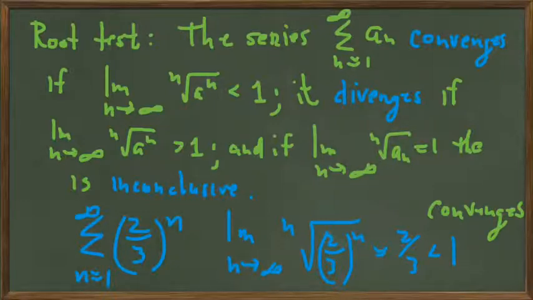Geometric series are just a series of terms with the same quantity raised to a power, and when that quantity is less than 1, the series converges. So we can actually generalize this.